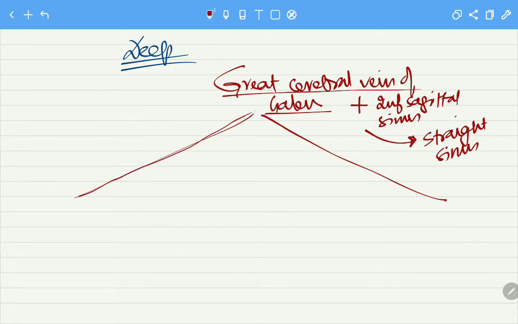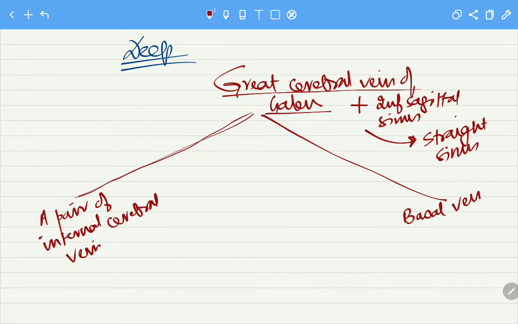One is a pair of internal cerebral veins and a pair of basal veins of Rosenthal. Now the pair of internal cerebral veins is formed by two veins.